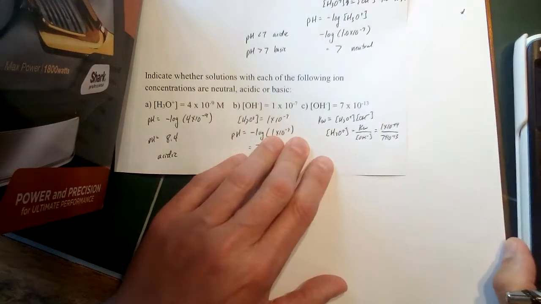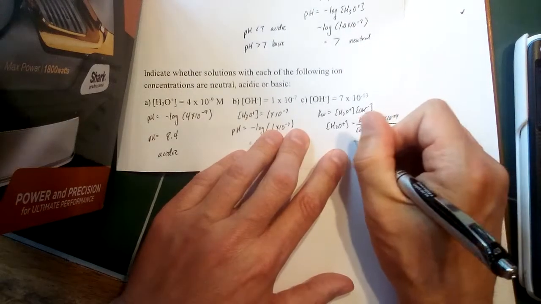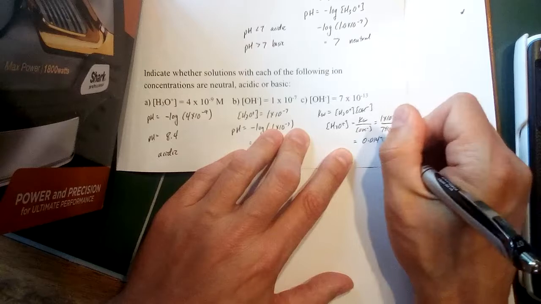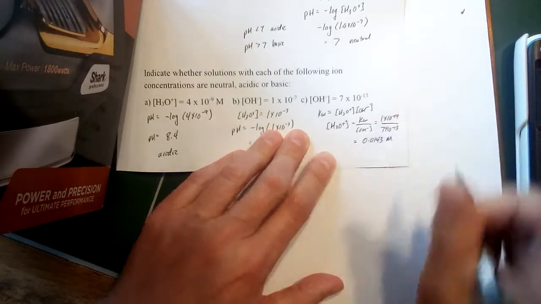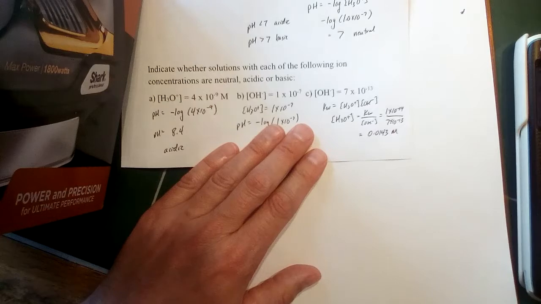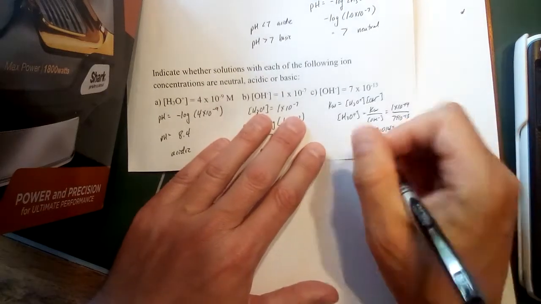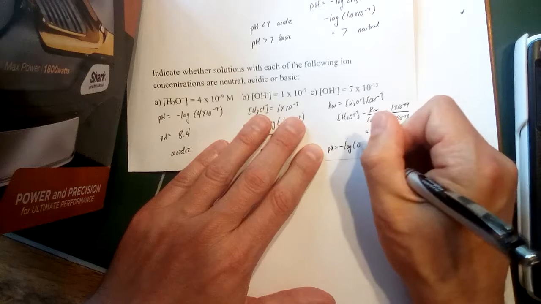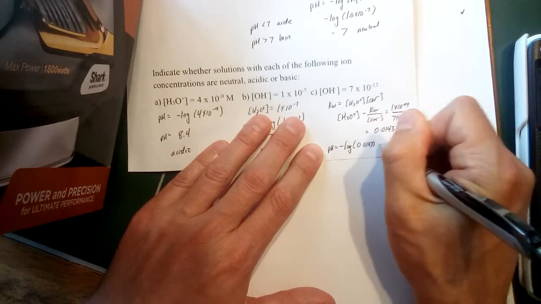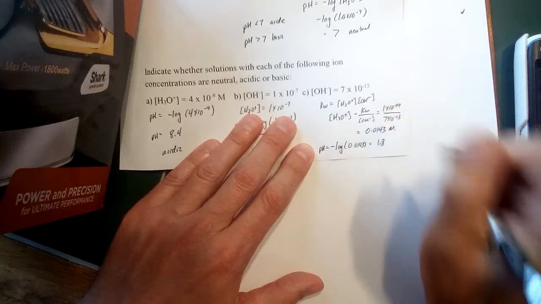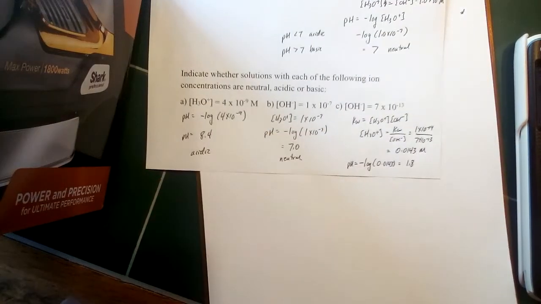If we plug that into the calculator, we get 0.0143 molar. That would be the hydronium ion concentration in this particular solution. That means we can take that concentration, plug it into the equation for calculating pH, and that gives us a pH of 1.8 for this particular solution.